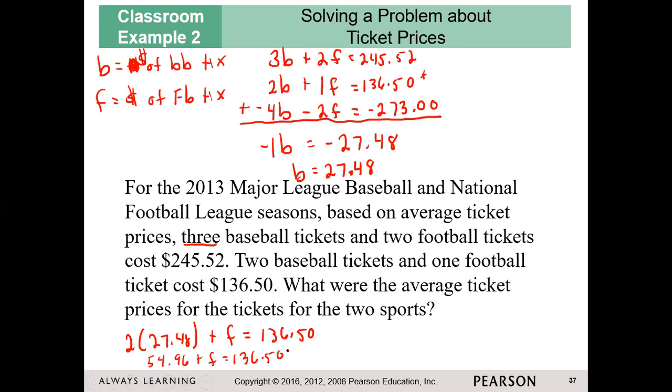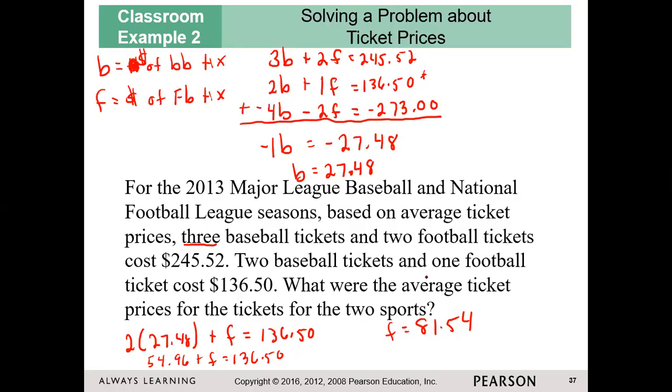I'm just going to go ahead and subtract the 54.96 from 136.50, and that will give me $81.54. Just double check: 136.50 minus 54.96 is $81.54.